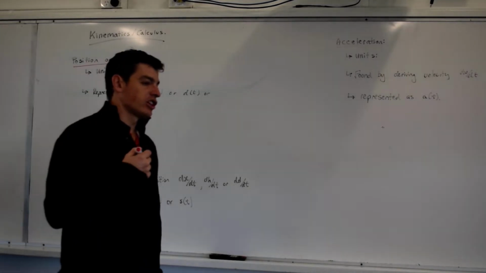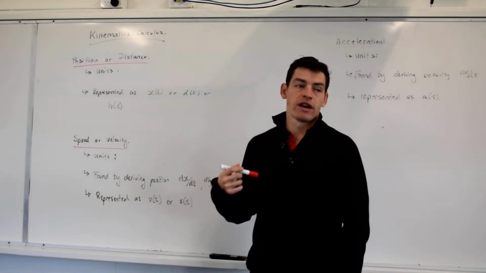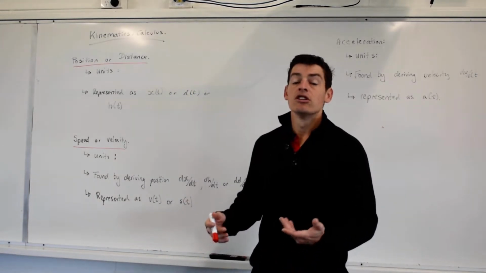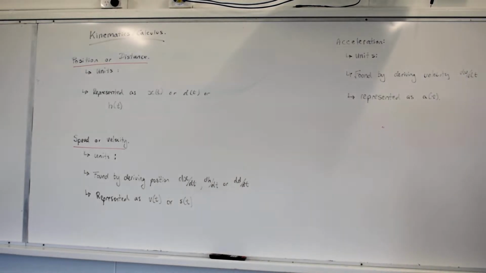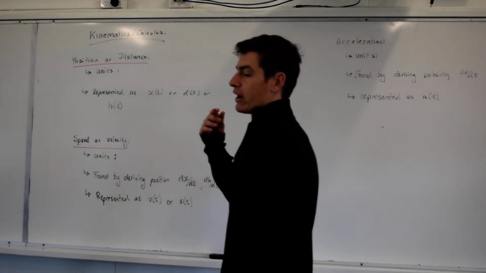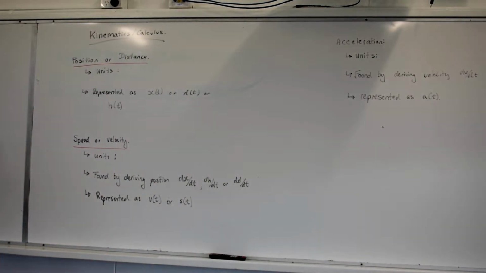So what do we call a change in distance over a change in time? We have a special name for it. The distance I travel in a certain period of time. Speed. What do we call a change in speed over a change in time? Distance. Very, very good. In the past, you've got average rates of change, your average speed, or your average acceleration over a period of time.